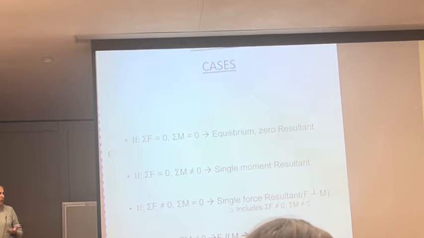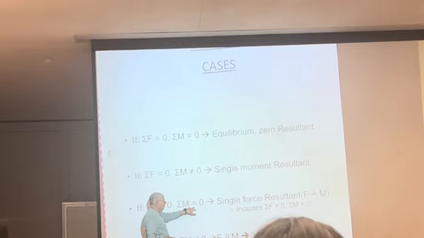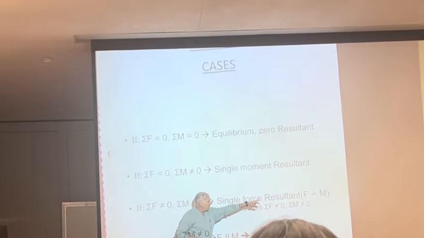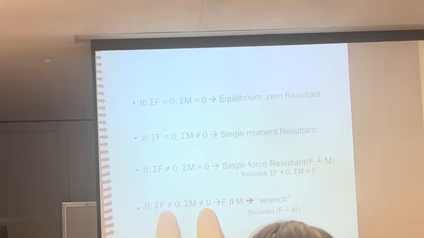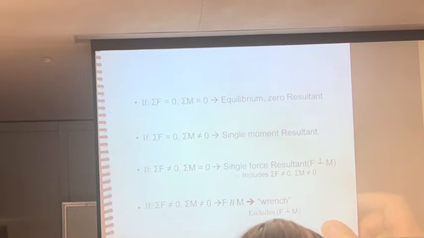There is no force. The forces are summing to 0. Third, if the sum of the forces is different than 0 and the sum of the moments equals 0, you have a single force resultant, with F being perpendicular to M. And lastly, if the force is different than 0, and the moment is different than 0, and F and M are parallel, you reduce down to a wrench. These are the 4 systems of reduction.